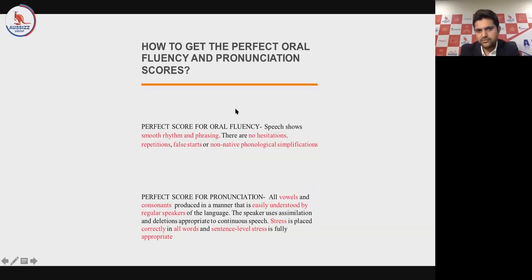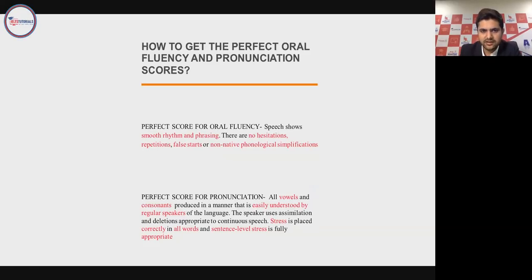And in turn, how do you get the maximum score for your PTE speaking section? To get the perfect score for oral fluency, you need to speak in a way that you have a smooth rhythm and phrasing. You need to be smooth when you are speaking.